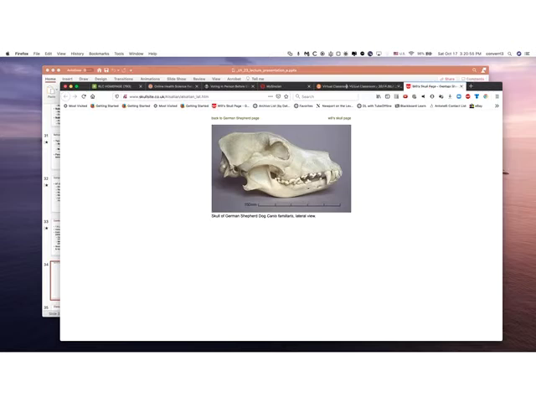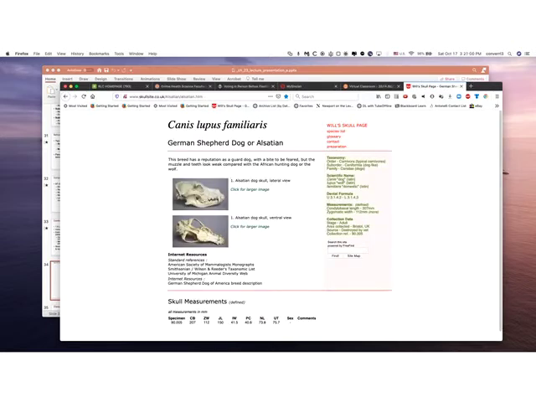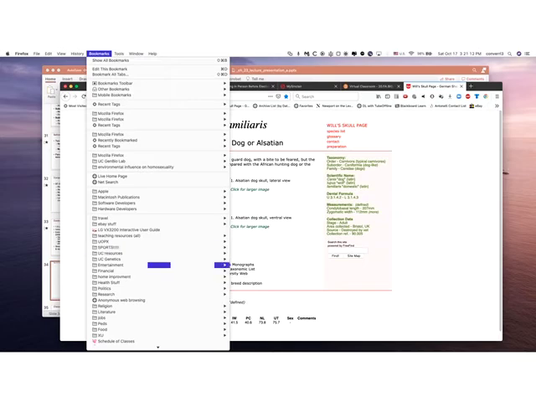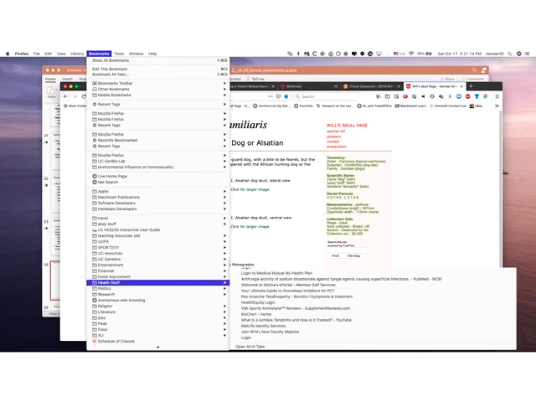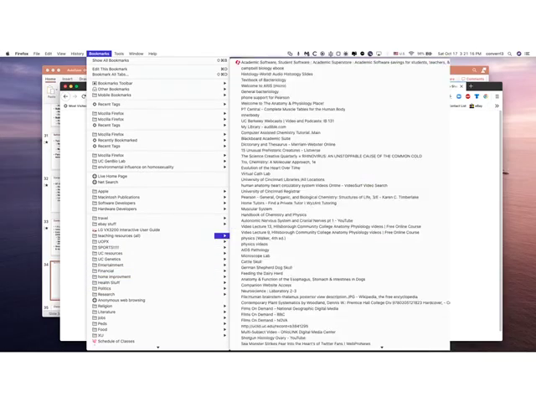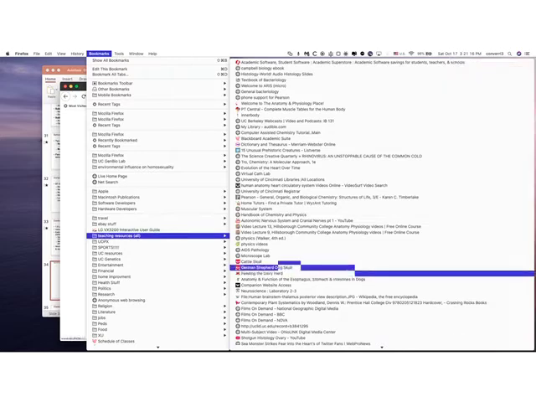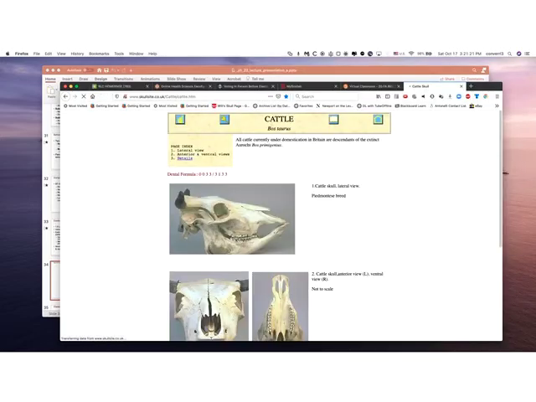The other end of this is the dentition of a herbivore. So let's look at that, cattle. There's our herbivore. Now, what do you notice about the herbivore?